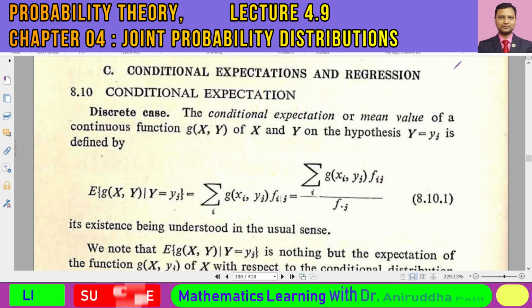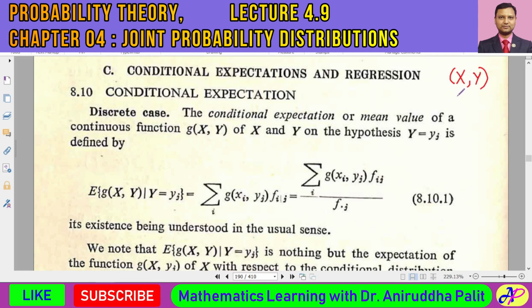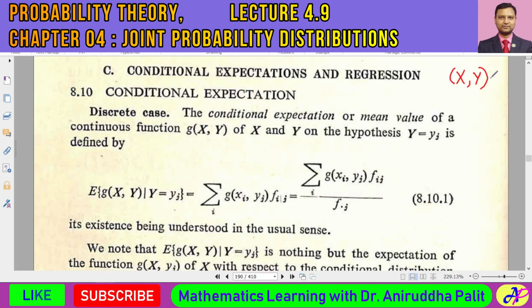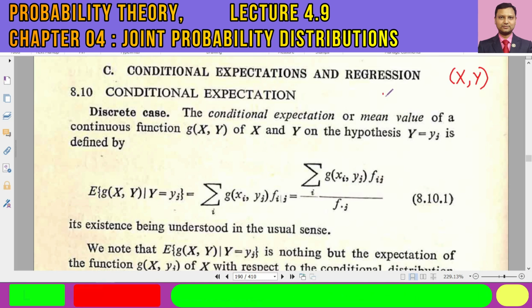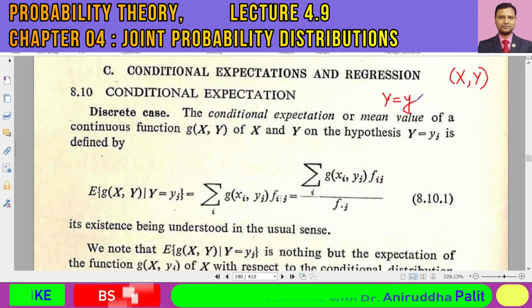Therefore, if we have a two-dimensional joint random variable (X, Y), in that bivariate distribution, we can consider the conditional distribution of X given Y equal to small y.